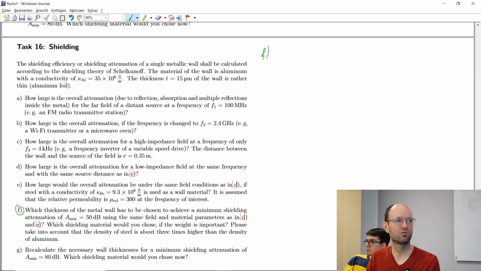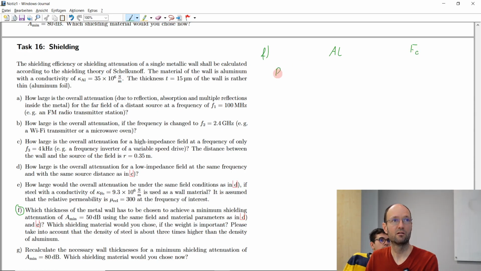This is not only including absorption. So let's do some kind of table. Let's say we have aluminum, and here we have the steel.